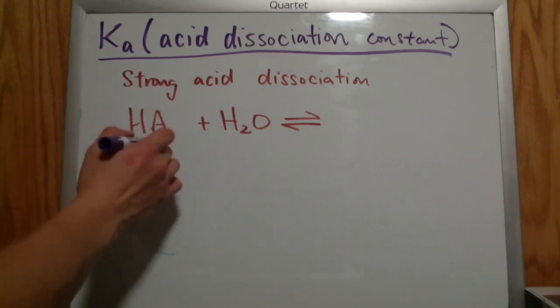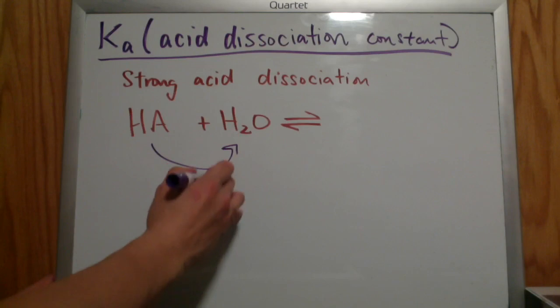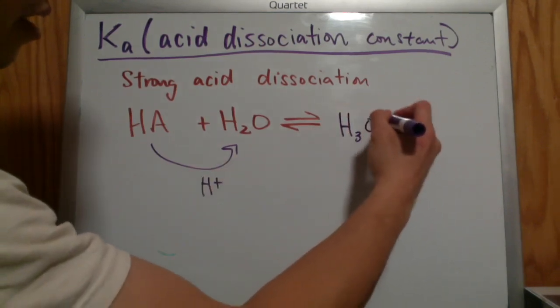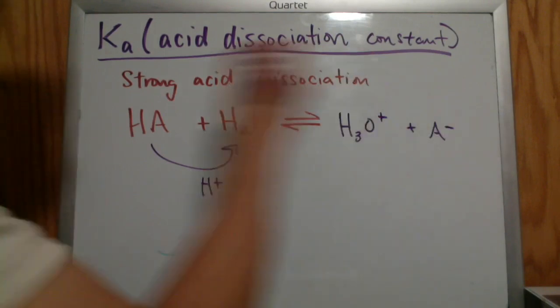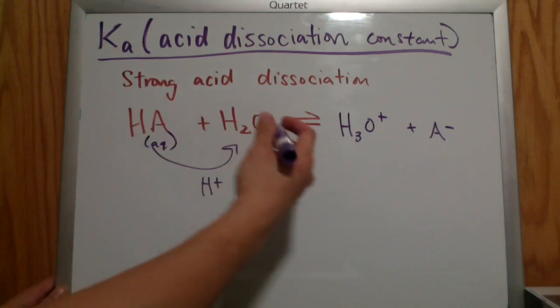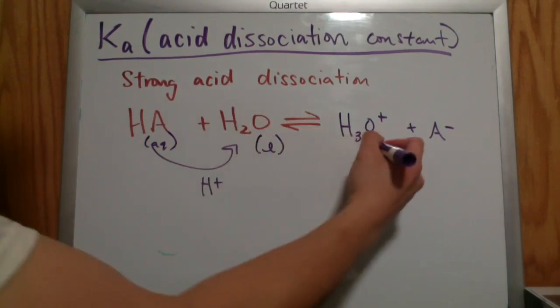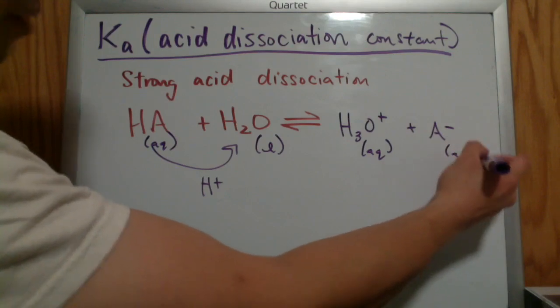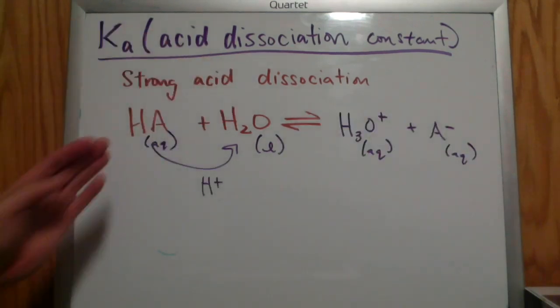So the acid's going to donate an H plus to the water, and then we'll end up with H3O plus and A minus. If you're keeping track at home, the acid is aqueous, the water is liquid, the hydronium is aqueous, and the conjugate base is aqueous also for physical states.